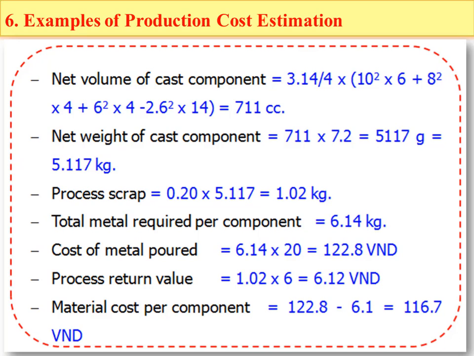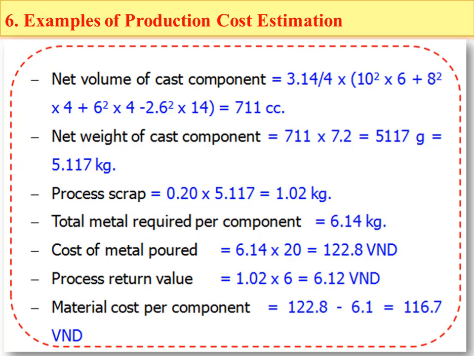The cross-section scrap is calculated by the percent of cross-section scrap multiplied by the net weight of the cast component, and we have 1.02 kg. The total material required per component is calculated by the total of the net weight of the cast component and the cross-section scrap, and equals 6.14 kg.